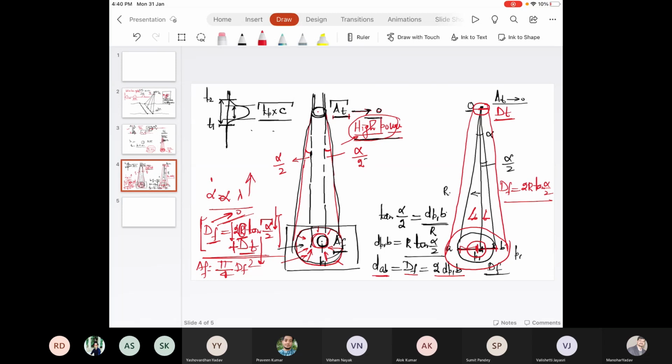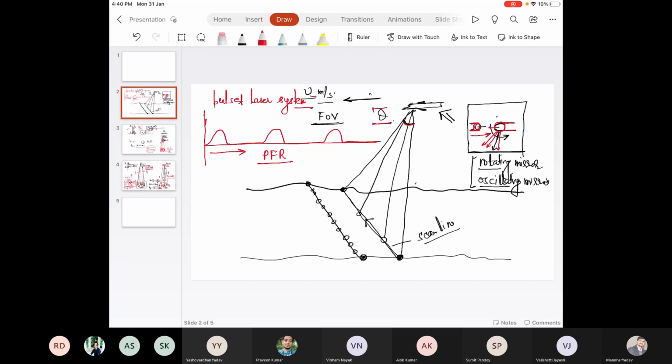So the summary of the discussion that we have today is: multiple returns, how a particular laser beam can hit multiple targets and multiple returns are sensed. The laser has this property only. Then we discussed parameters like speed of platform, field of view, and pulse firing rate.